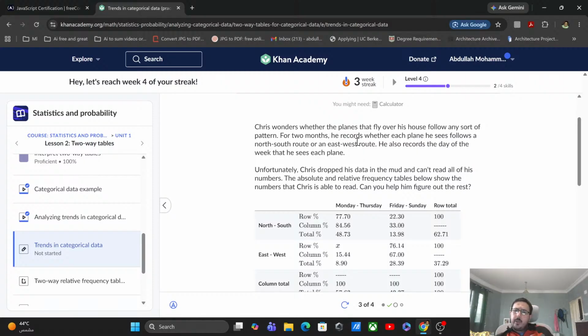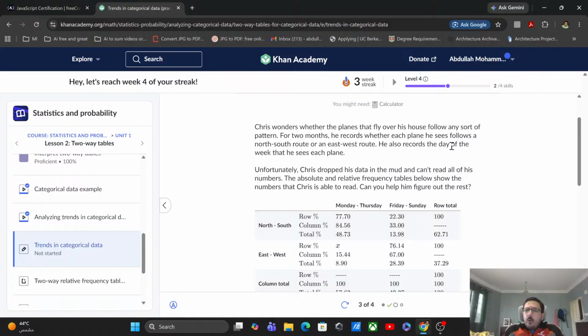For 2 months, he records whether each plane he sees follows a north-south route or an east-west route.